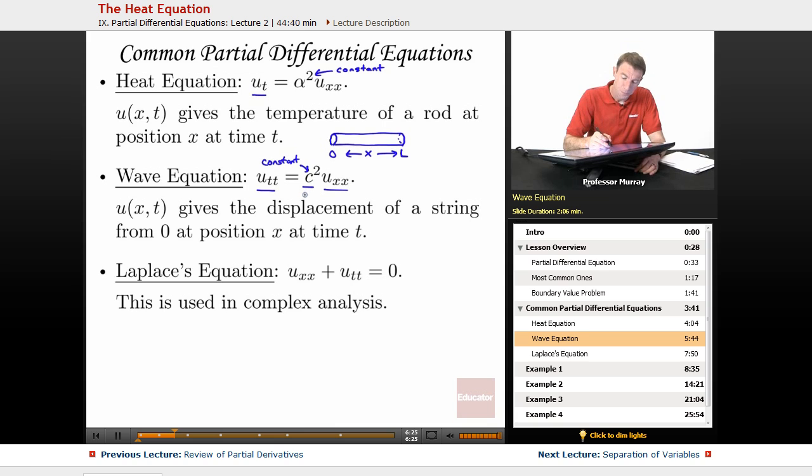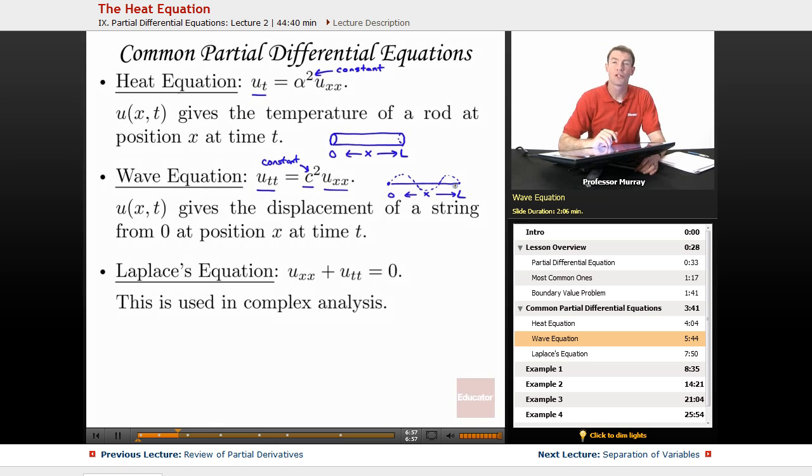Let me interpret the wave equation for you. The idea of the wave equation is you have a string that's attached at two ends. So again, we have x going from 0 to L. And this string, what you do is you pluck it, and so it vibrates back and forth as time goes by.